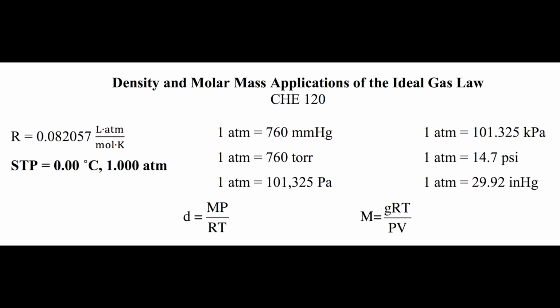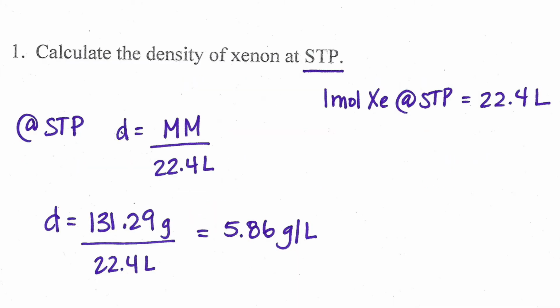So if we look at some examples using these equations, you see at the top of this handout, we have your conversion factors that you've already been told you'll be provided with, but now we have two new equations. The first is the density equation that we just derived, where D is equal to MP over RT. Question number 1 asks us to calculate the density of xenon at STP.